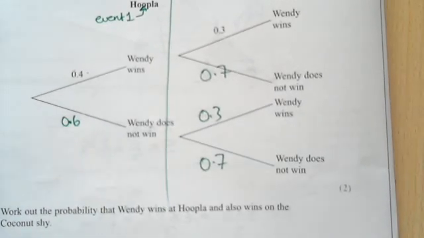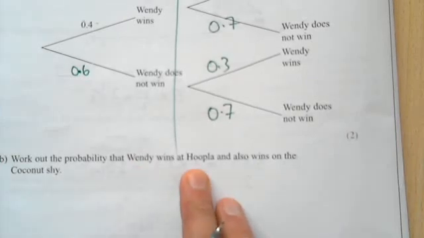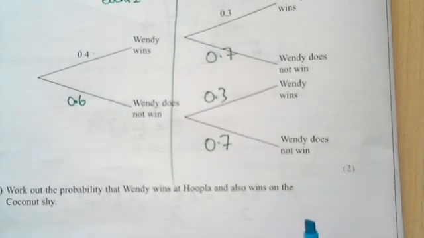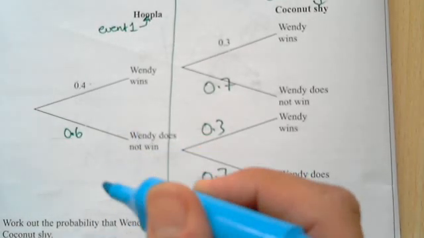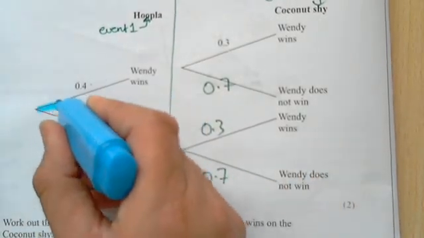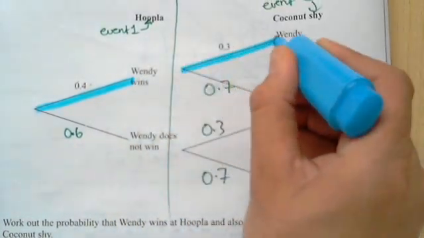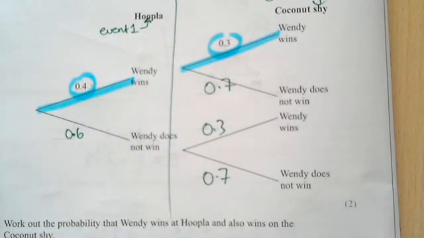The question now says, work out the probability that Wendy wins at hoopla and also wins on the coconut shy. So she's got to win both of them, hoopla and coconut shy. So we're going to come along here. What do we say?